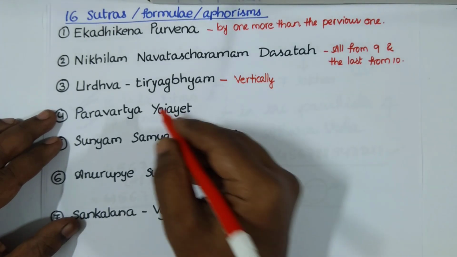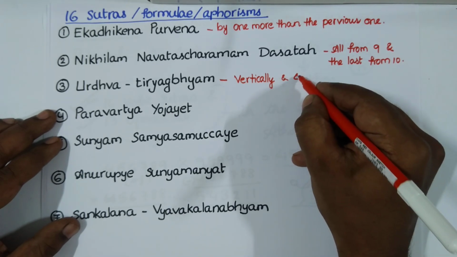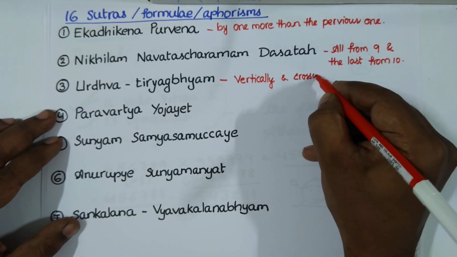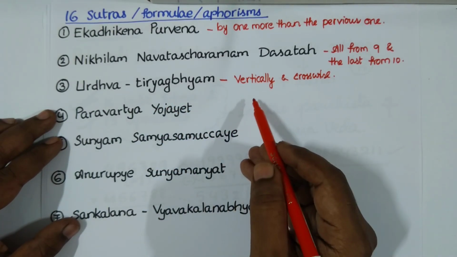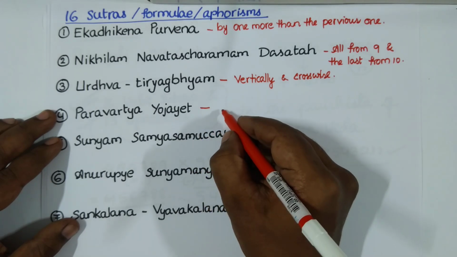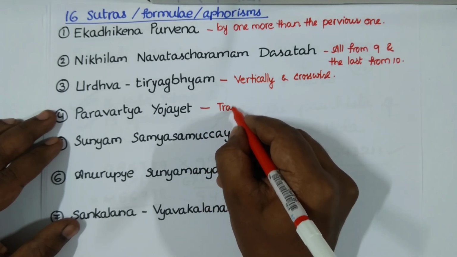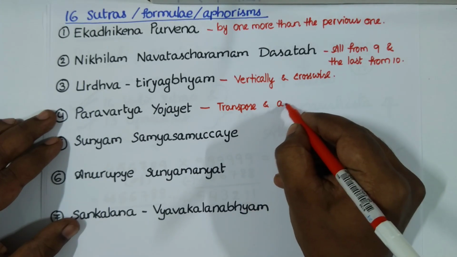This Nikilam, Urdhva, all these things we apply for multiplication purposes. Paravartya Yojayet means transpose. It is simply transpose and adjust.